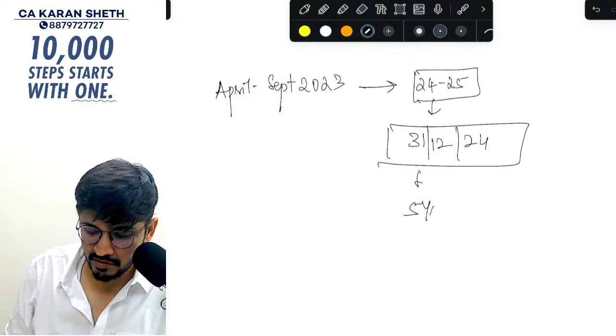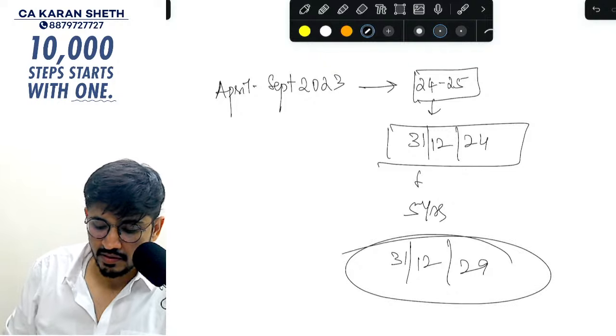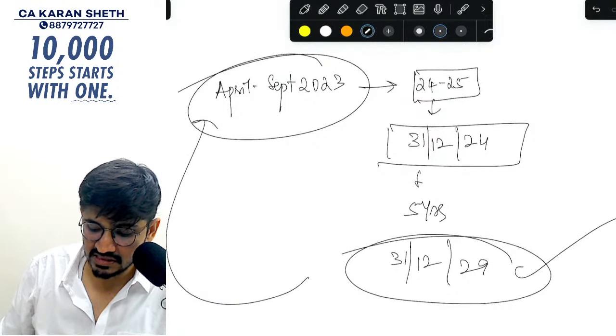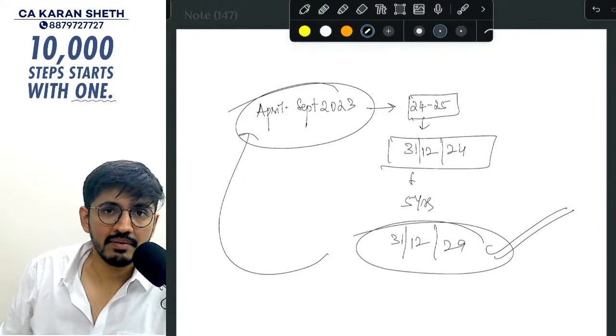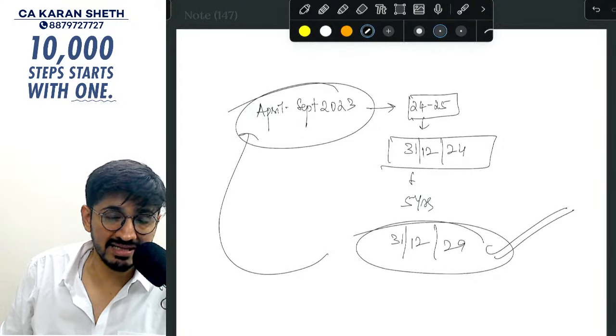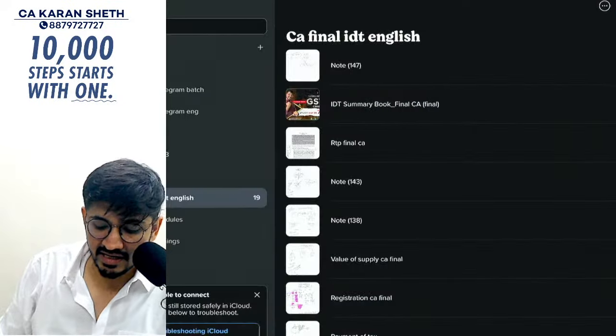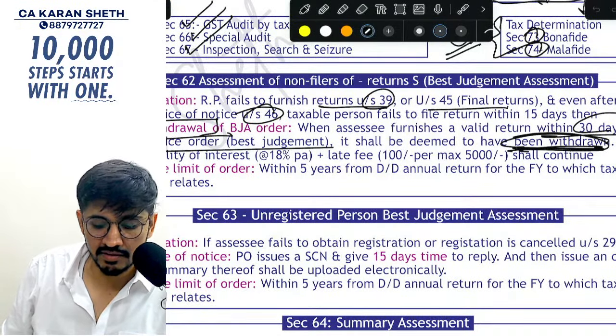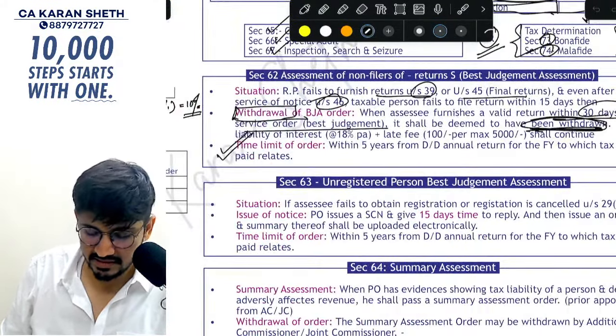Calculate 5 years from here, 31/12/2029. So best judgment assessment order for this period can be issued up till this date. That's the kind of longevity that they are actually extending in cases where you have not filed returns. Got it? Yes, that's it.